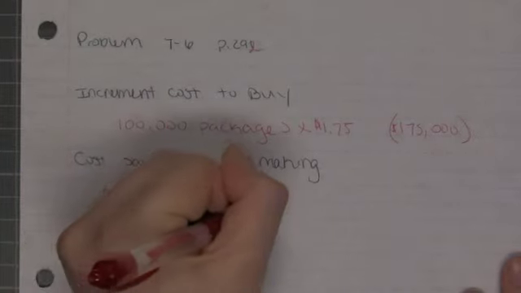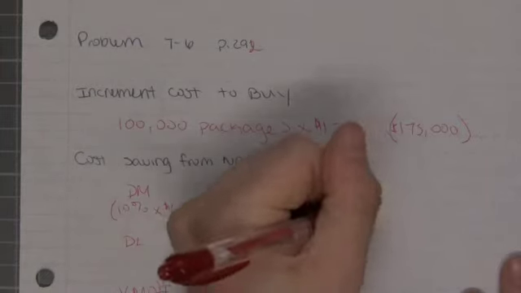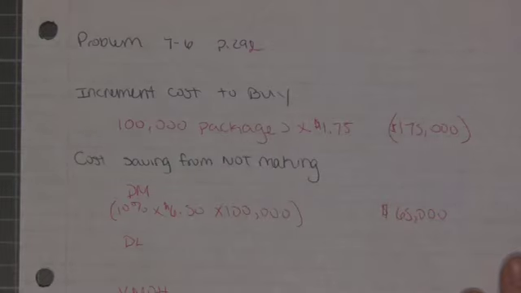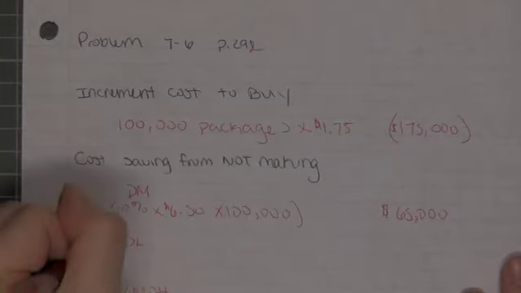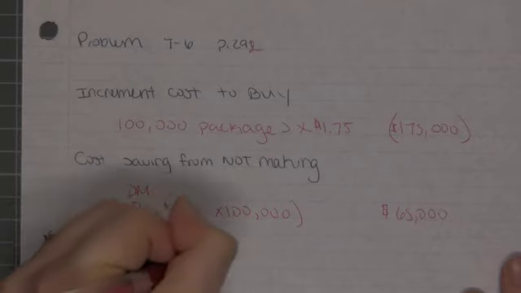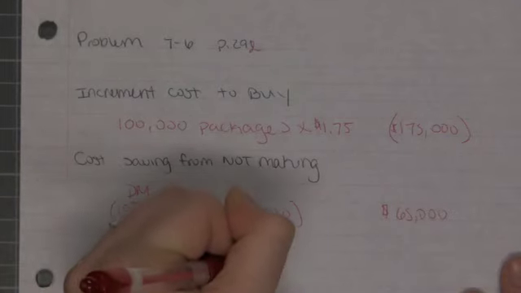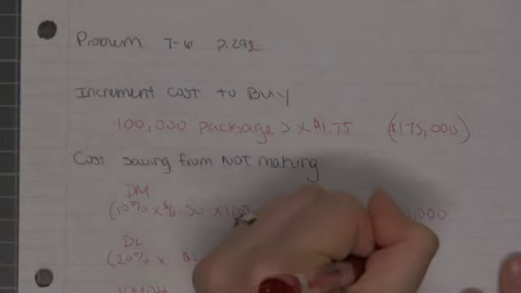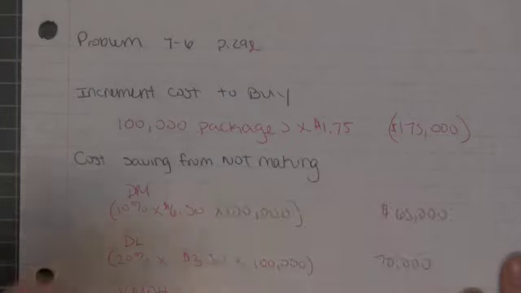And if we do that for 100,000 units, our savings are going to be $65,000. For direct labor, we save 20% of the $3.50 it costs us to make our product. So for 100,000 units, that's going to be $70,000 in savings.